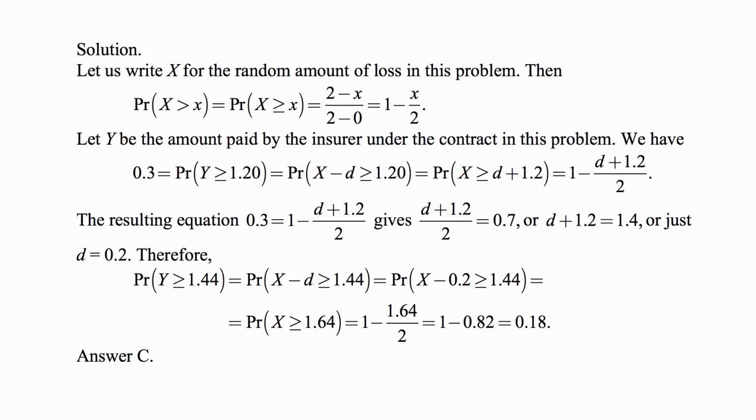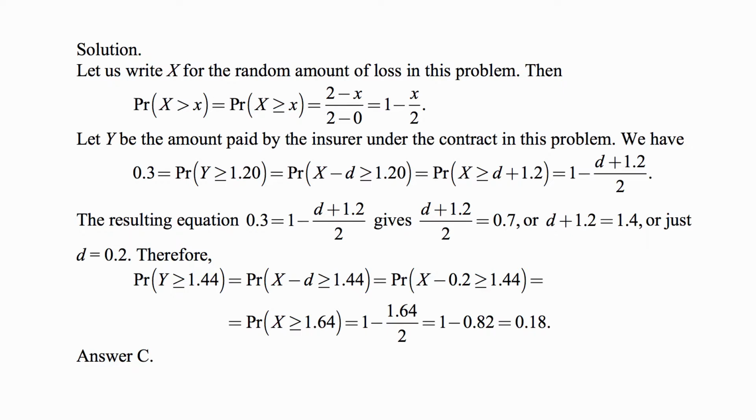And let y be the amount paid by the insurer under the contract in this problem. So we have that 0.3 is the probability that y is greater than or equal to 1.20, but y, when it's positive, is equal to x minus d.